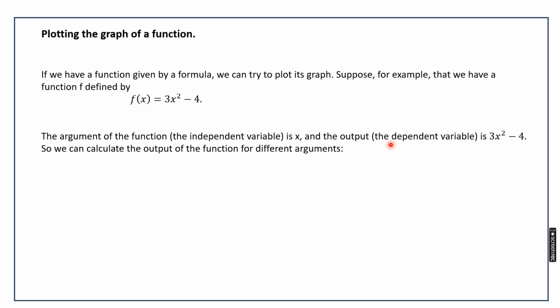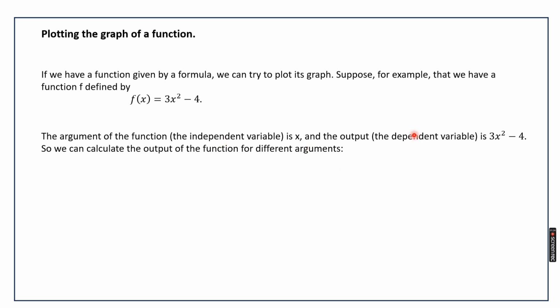And the output, or range, or the dependent variable is 3x squared minus 4. Independent means there is no factor other than itself; it will not be greater or less because of other factors.